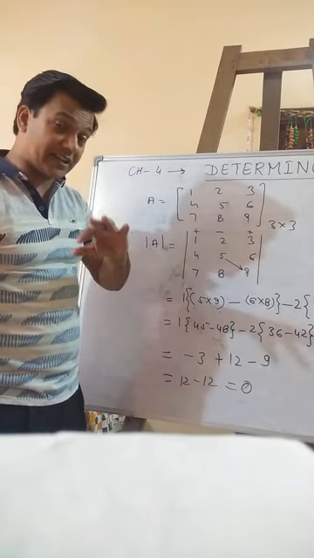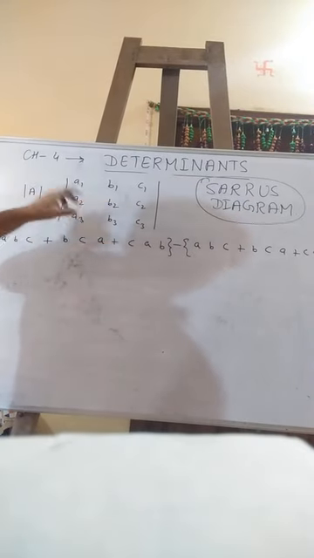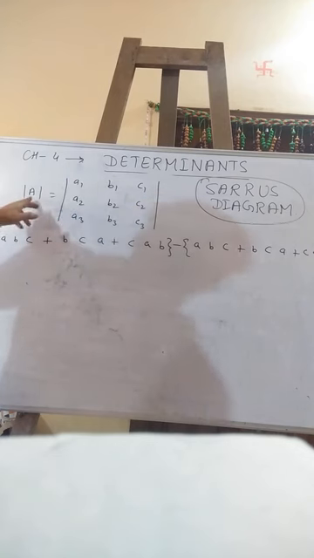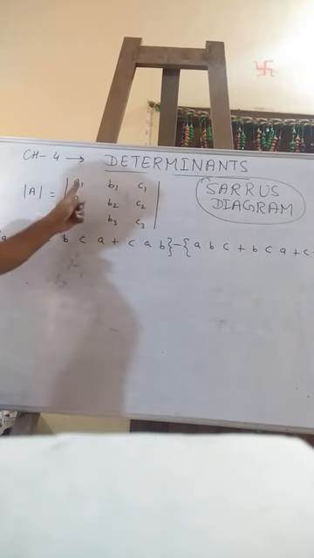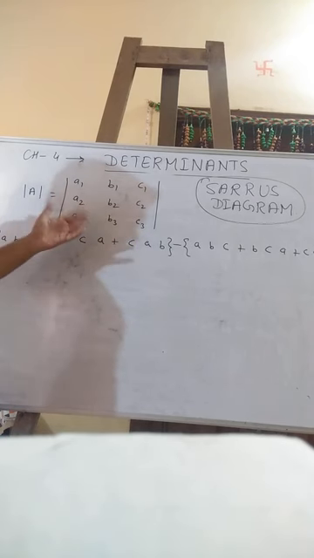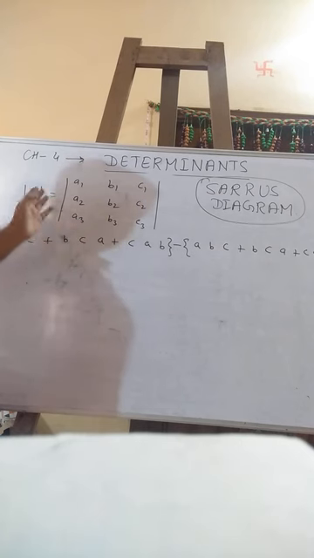Now we are going to read about the Sarrus diagram. According to this method, we can directly expand a determinant. Let the determinant be given here: A1, A2, A3 the first column, B1, B2, B3 the second column, C1, C2, C3 the third column.